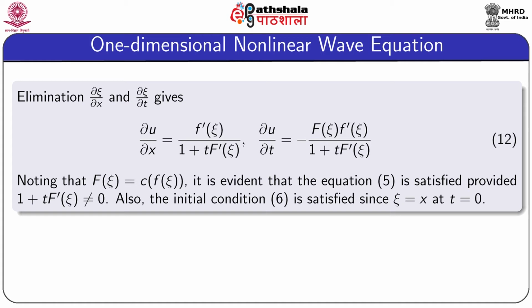It is evident that equation 5 will be satisfied by the solution 12 provided 1 plus t F dash xi is not equal to 0. And also it is to be noted that the solution will satisfy the initial condition 6 since xi is equal to x at time t equals 0.